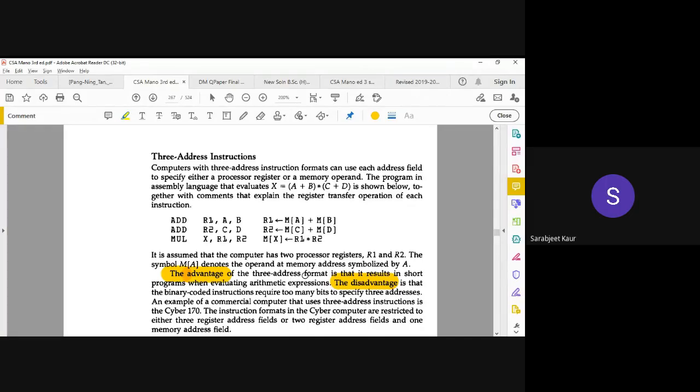As we keep on increasing the number of addresses that our instruction can support, the program becomes easier to understand, easier to write, and smaller. But what is the disadvantage? The instructions will start becoming very, very long.